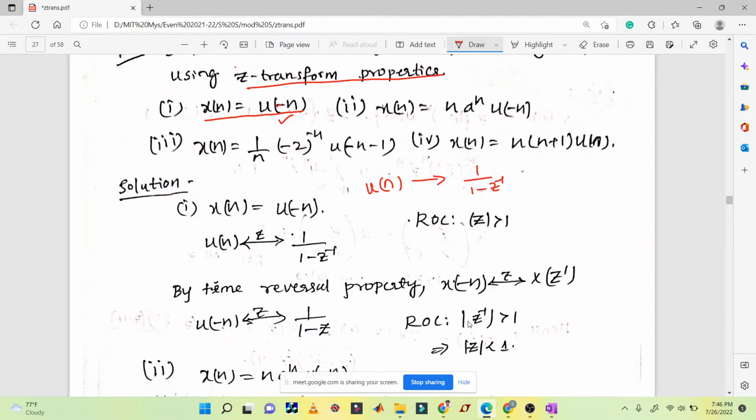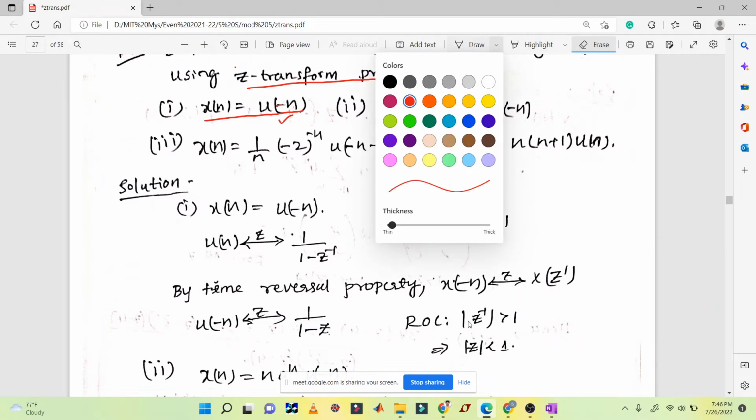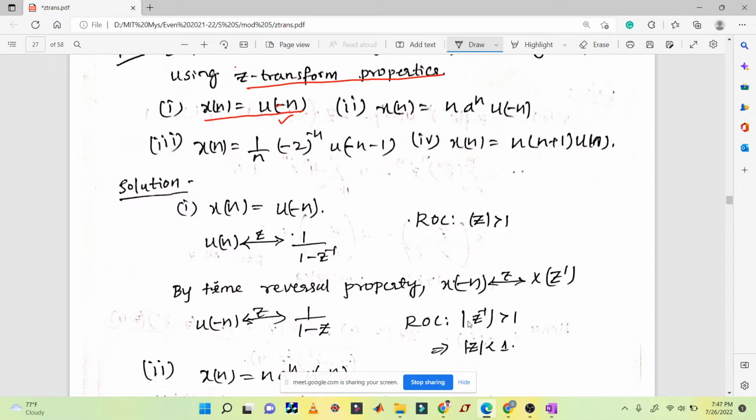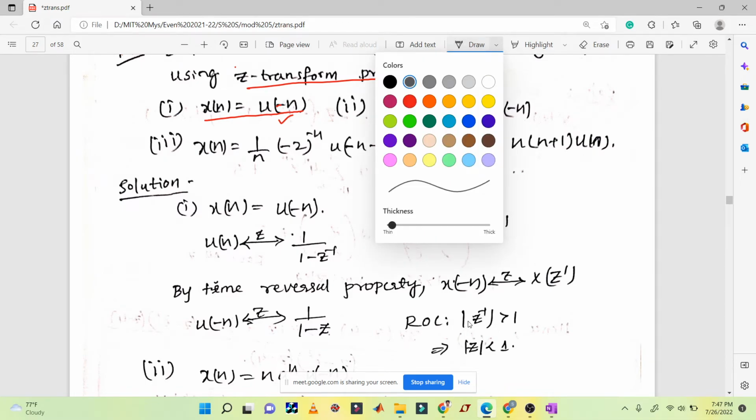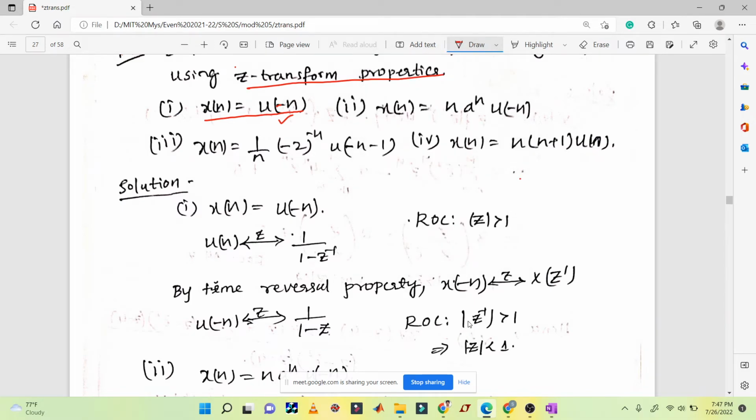Correct? Does anyone remember how u of n z transform is 1 divided by 1 minus z inverse? So when we do the summation, n equal to 0 to infinity, 1 power n z power minus n comes, for u of n.